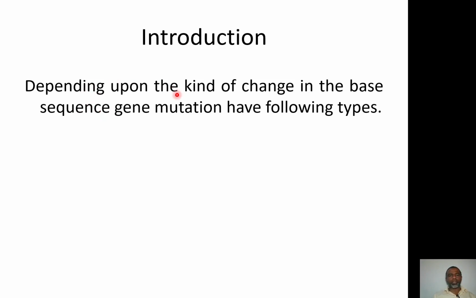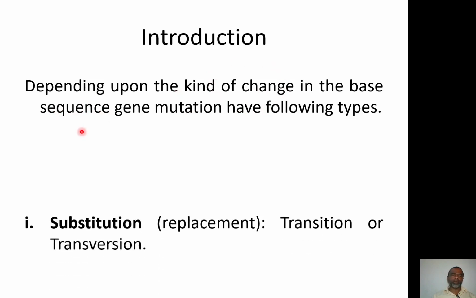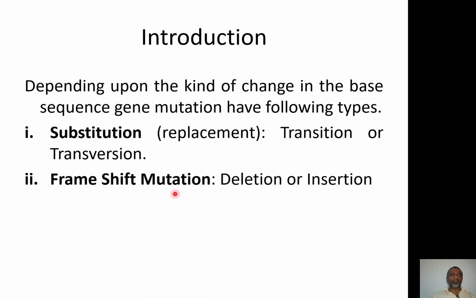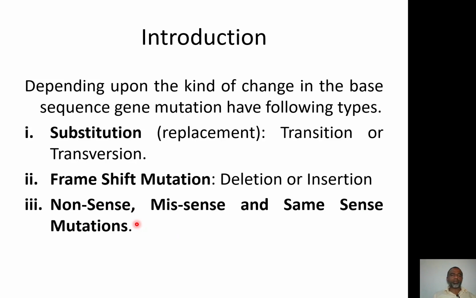So, depending upon the kind of change in the bases, you have the following types of mutations. We have discussed earlier also, one is the substitution, where one base is substituted by another, which may be of two types, transition or transversion. Then there is a frame shift mutation, in which a base is either inserted or deleted. Then sometimes you have the nonsense, missense and the same sense mutations.